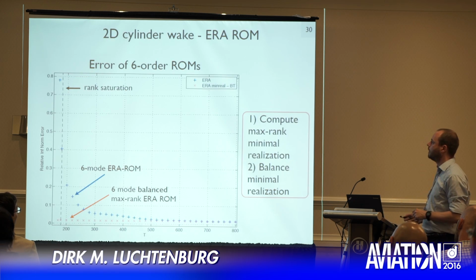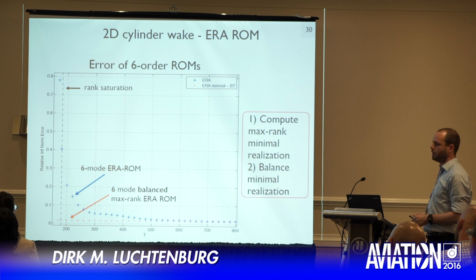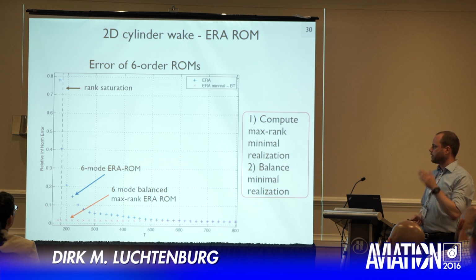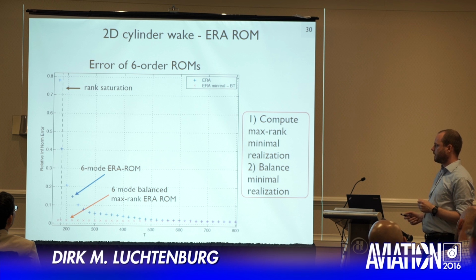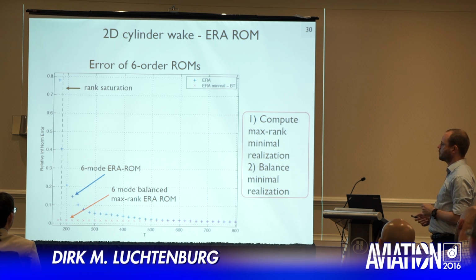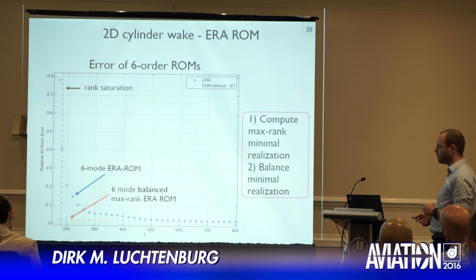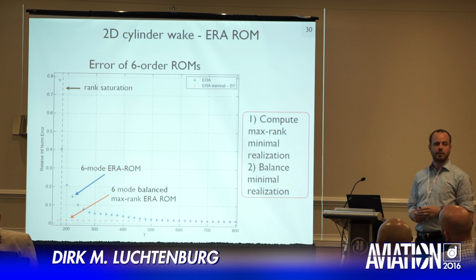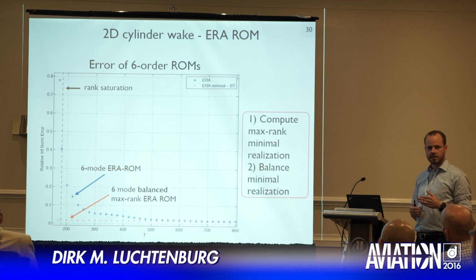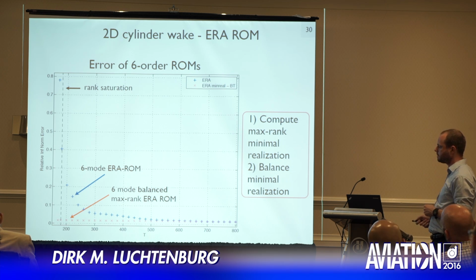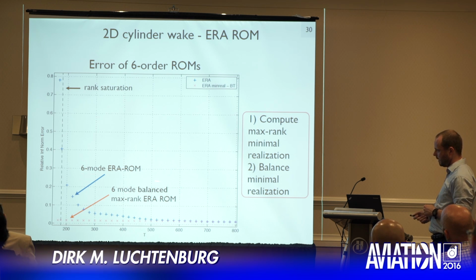And then here we actually do a reduced order model. Let me be clear on this one. First, we compute a realization with ERA, and we use this realization to compute a balanced model.